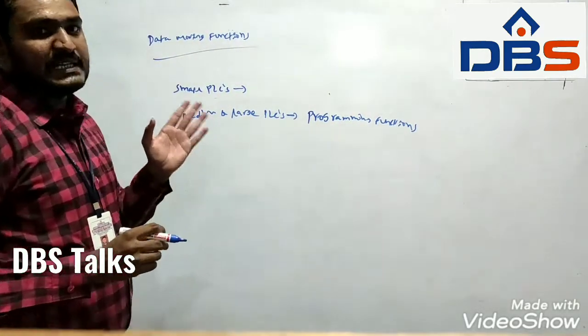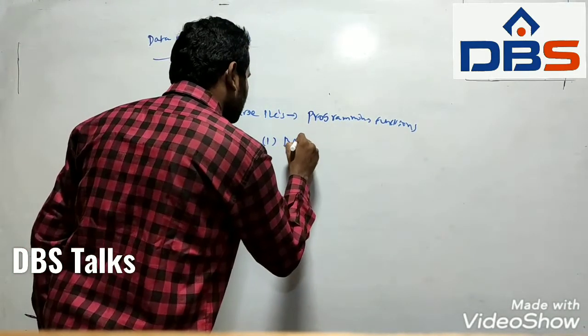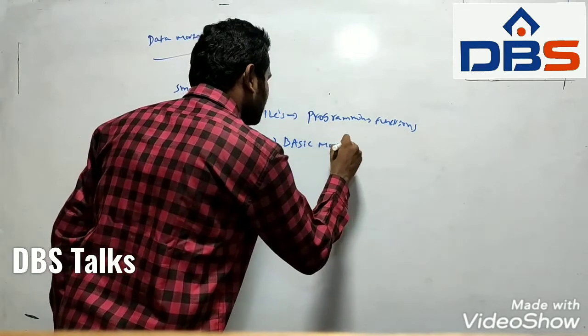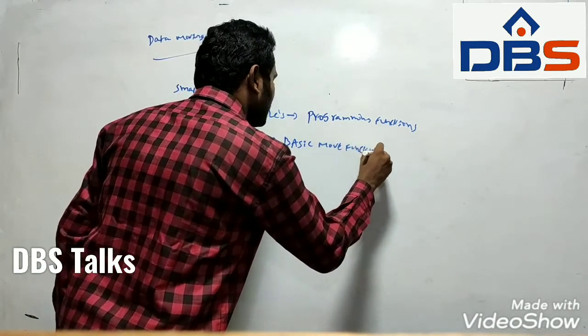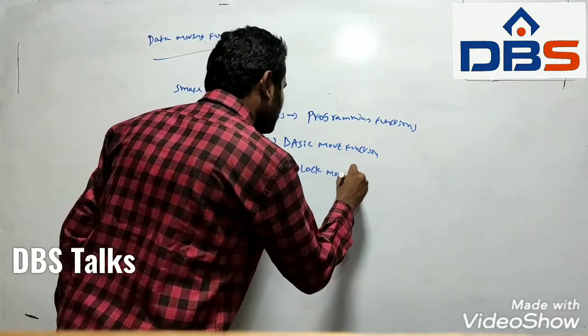Here we have three types of data moving functions. The first one is the basic move function. Secondly, we have the block move function.